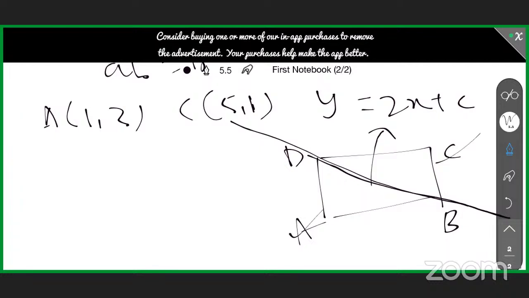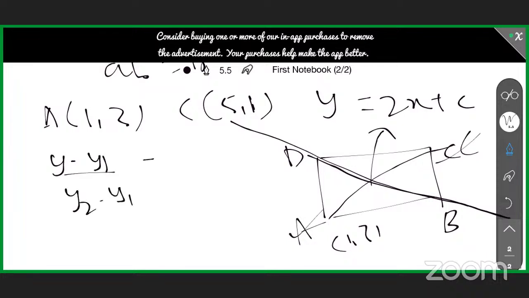So I will draw the diagonals AC and BD. This is given 1 comma 3, 5 comma 1. So using the two-point form, I'll write the equation: y minus y1 by y2 minus y1 is equal to x minus x1 by x2 minus x1.